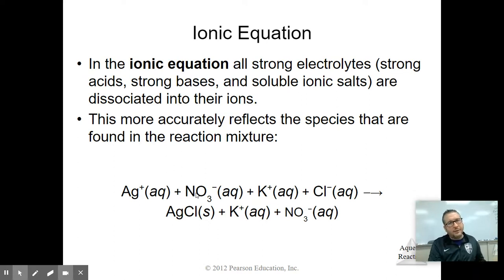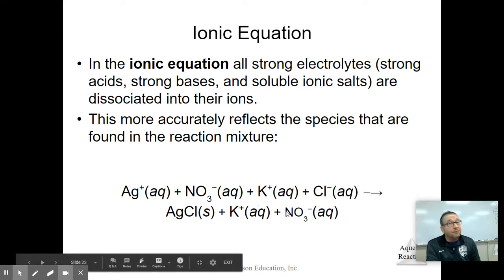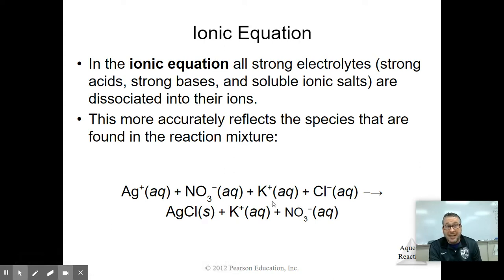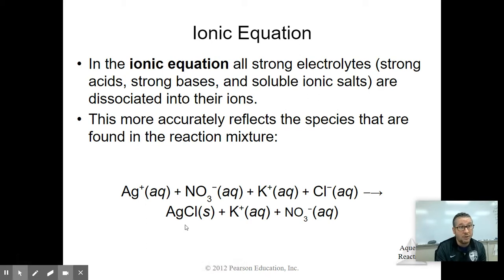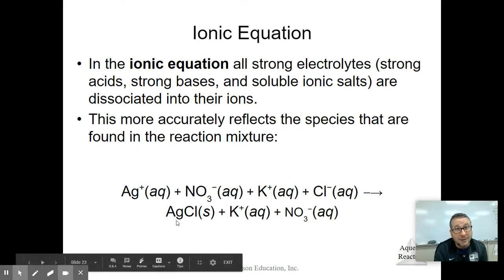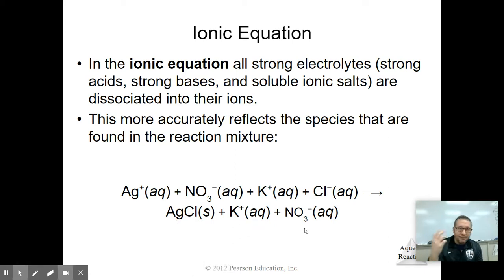None of these in here had a coefficient or a subscript. It's pretty straightforward. Potassium chloride is a soluble ionic salt, strong electrolyte, so it gets split up into potassium and chloride ions. Then it forms silver chloride. Not soluble. That's why you do not see it split up. And then potassium nitrate is a soluble ionic salt, therefore strong electrolyte, therefore can be dissociated. So that's the ionic equation.